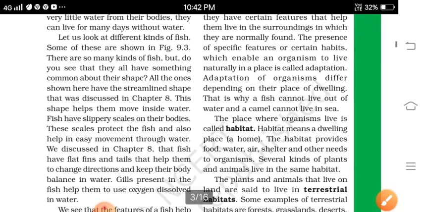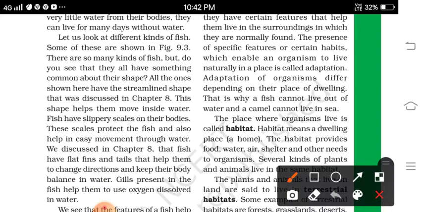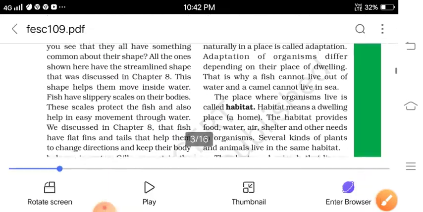Now let us look at different kinds of fish. As we learned in the earlier chapter, all fish, or aquatic animals, have a streamlined shape. What is a streamlined shape?